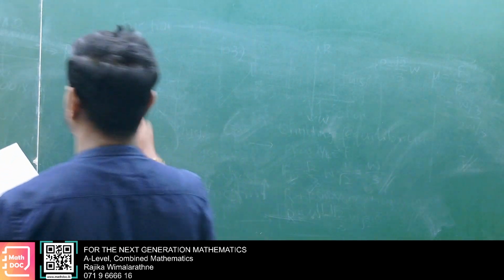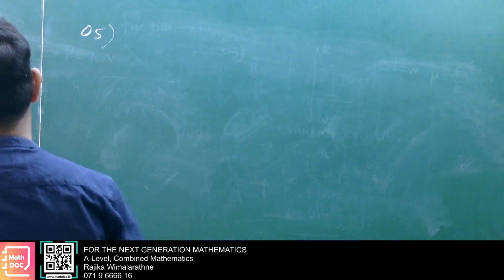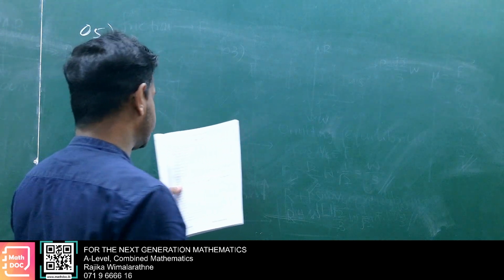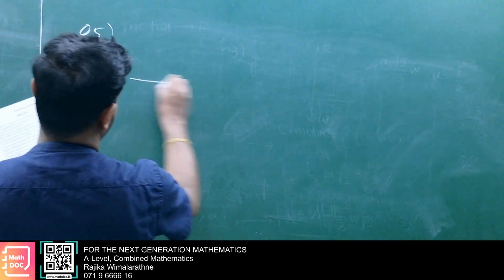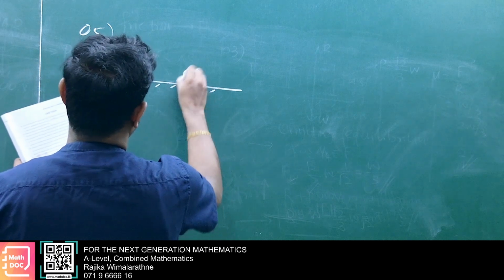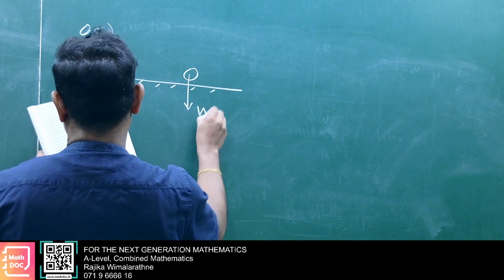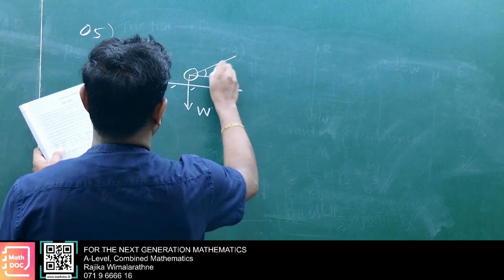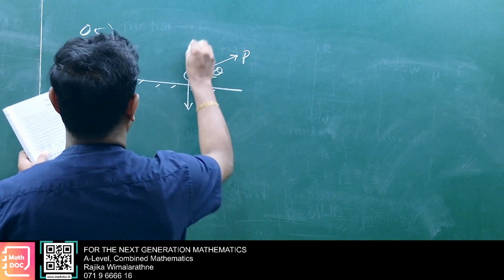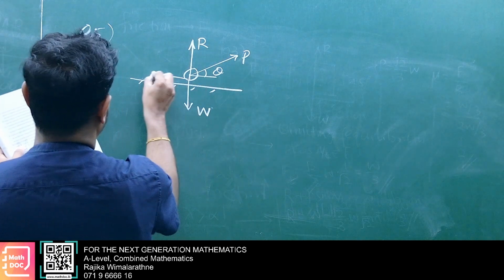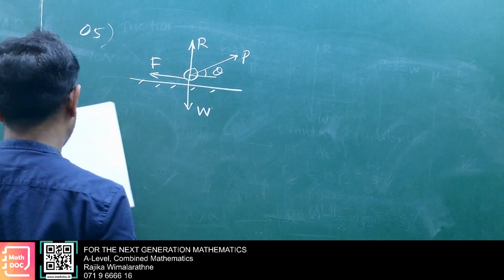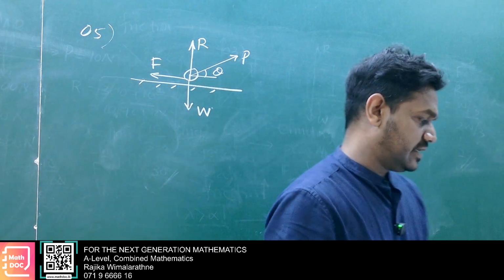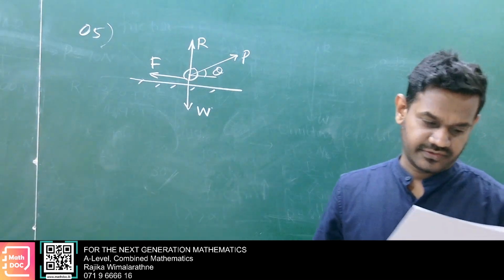Question number 5. A particle of weight W is pulled along a rough horizontal floor. Here angle theta, force P, mark reaction R, friction F. According to the moving tendency, you have to mark the direction of the friction.